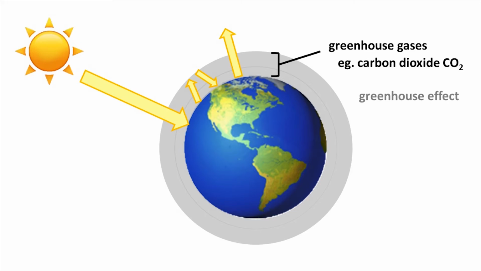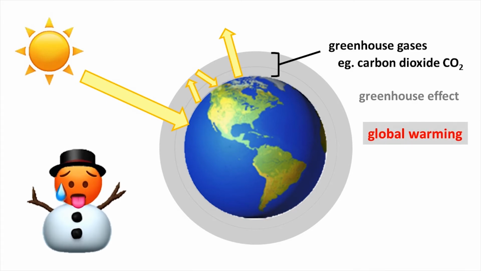Greenhouse effect is alright, but too much greenhouse effect causes a lot of problems. For example, it will cause global warming, which might lead to a series of harmful effects. Melting of ice caps in the polar region and global climate change are two of the many examples.